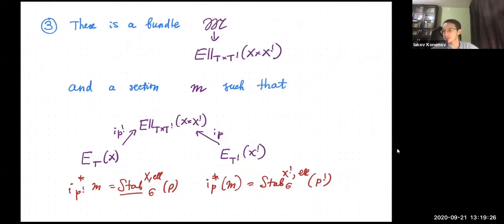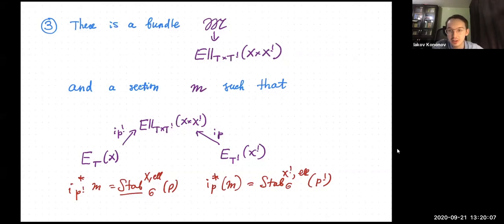So the third and the most important requirement for 3D mirror symmetry is the existence of some line bundle over the scheme, T times T factorial equivariant elliptic cohomology of X times X factorial, and a section of this line bundle such that, so we have maps from extended T elliptic cohomology of X to this big scheme, elliptic cohomology T times T factorial of the product of varieties.